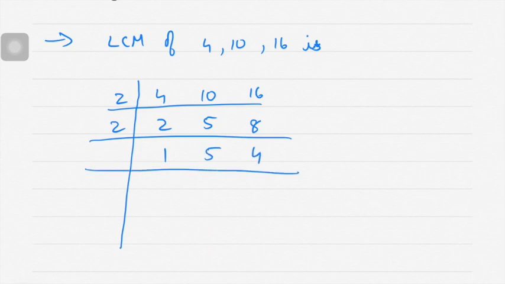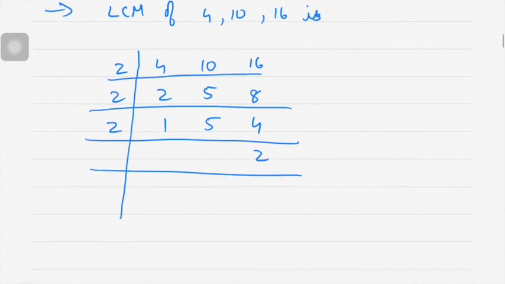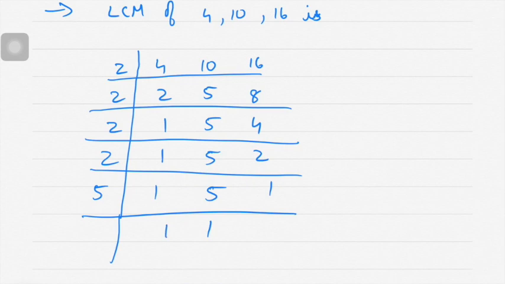Correct? 2 1s are 2, 2 4s are 8. 5 I'll write as it is. Then 2 2s are 4. Okay. And then 2 1s are 2.